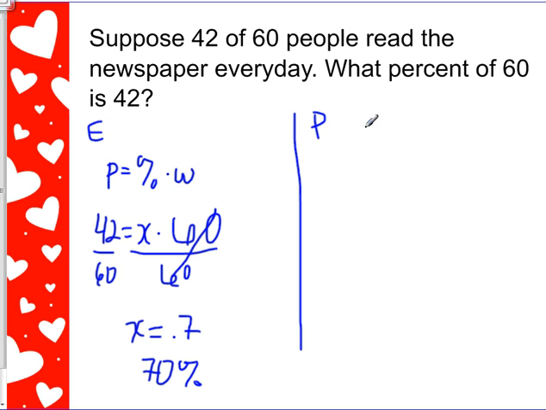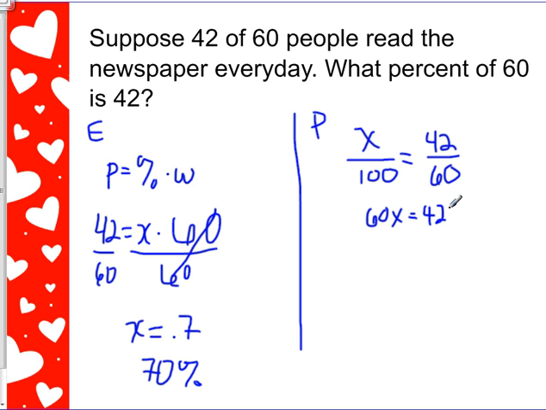All right, so that's how you do it the equation way. Now the proportion way, we can say, well, we know we're trying to find a percent, so we have x over 100 equals 42, which is my part, over my whole, which is 60. Cross multiply, so I have 60x equals 42 times 100, which is 4,200.